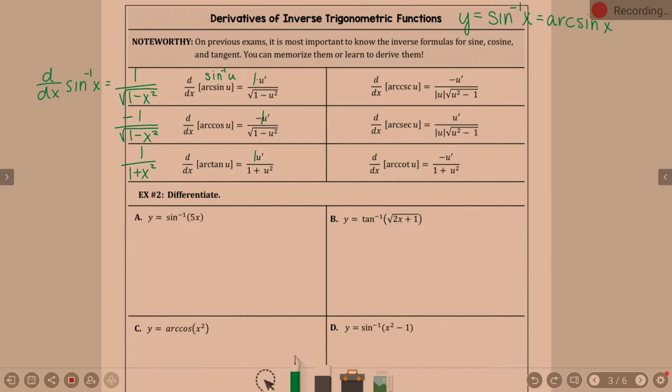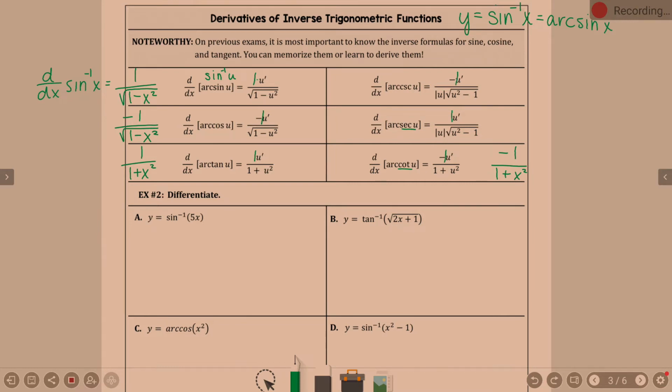Okay, we haven't really worked with cosecant, secant, and cotangent. And to be honest, I'm trying to think if they even come up in homework. I'm not sure I really saw much of them, but realize cotangent is just going to be the negative of the tangent. So it's negative 1 over 1 plus x squared is your derivative there. Secant, again, just think about these as ones.